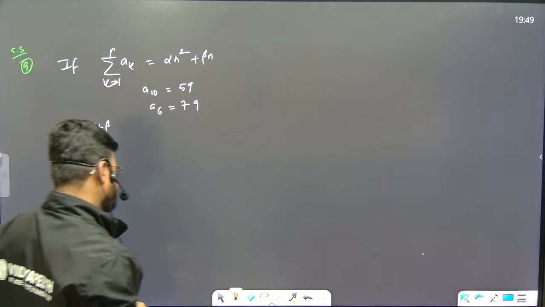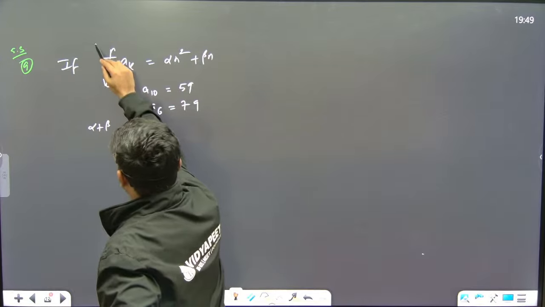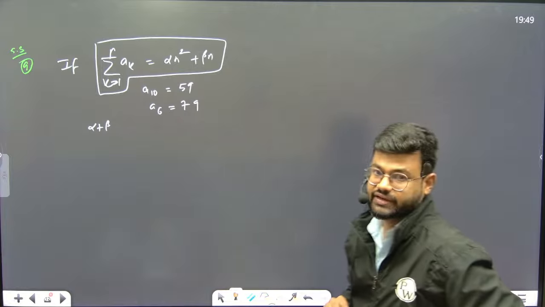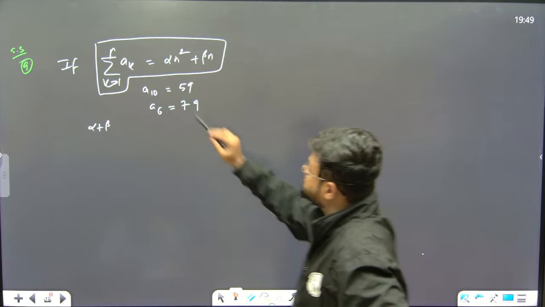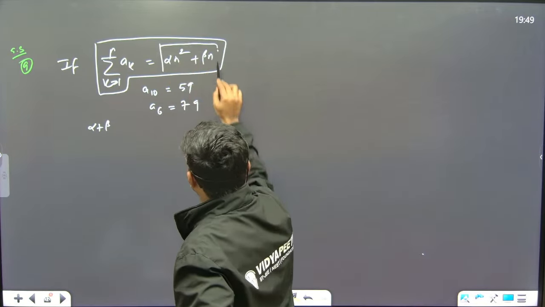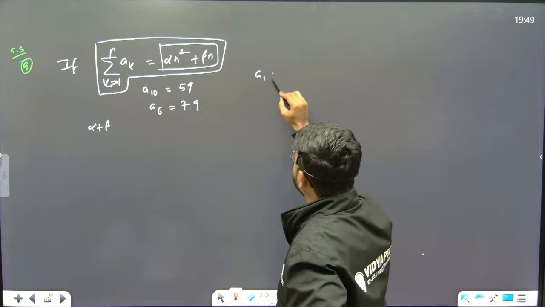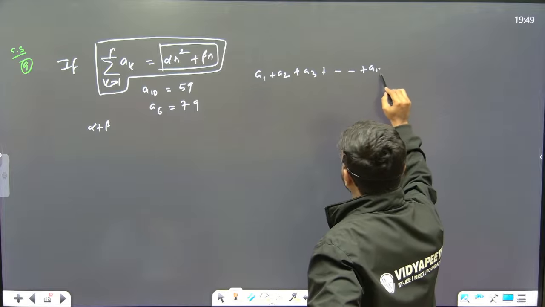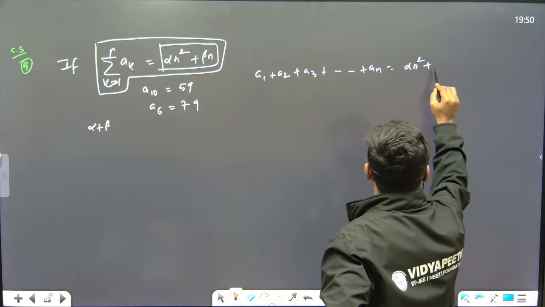I think all of you must know this concept without expanding the series. If you start expanding it, then you will get into trouble, right? If you expand the left hand side, you will get a1 plus a2 plus a3 till an, and this is given as alpha n square plus beta n.